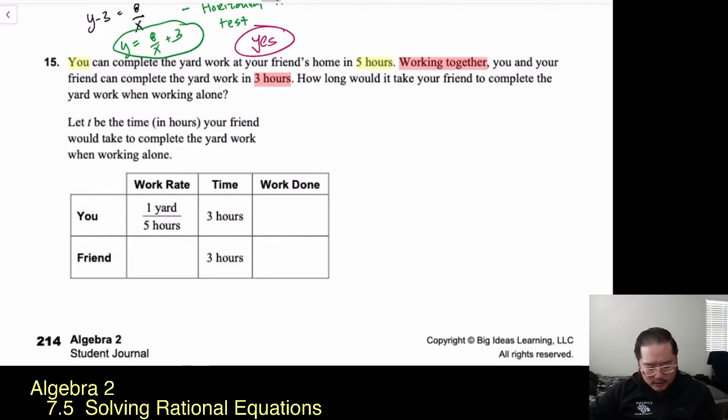So the setup right here is pretty simple. Okay, and how I tend to set things up is we'll have 3 fractions. Okay, and in these work problems, typically this is how it goes. There's you, your friend, or someone else.